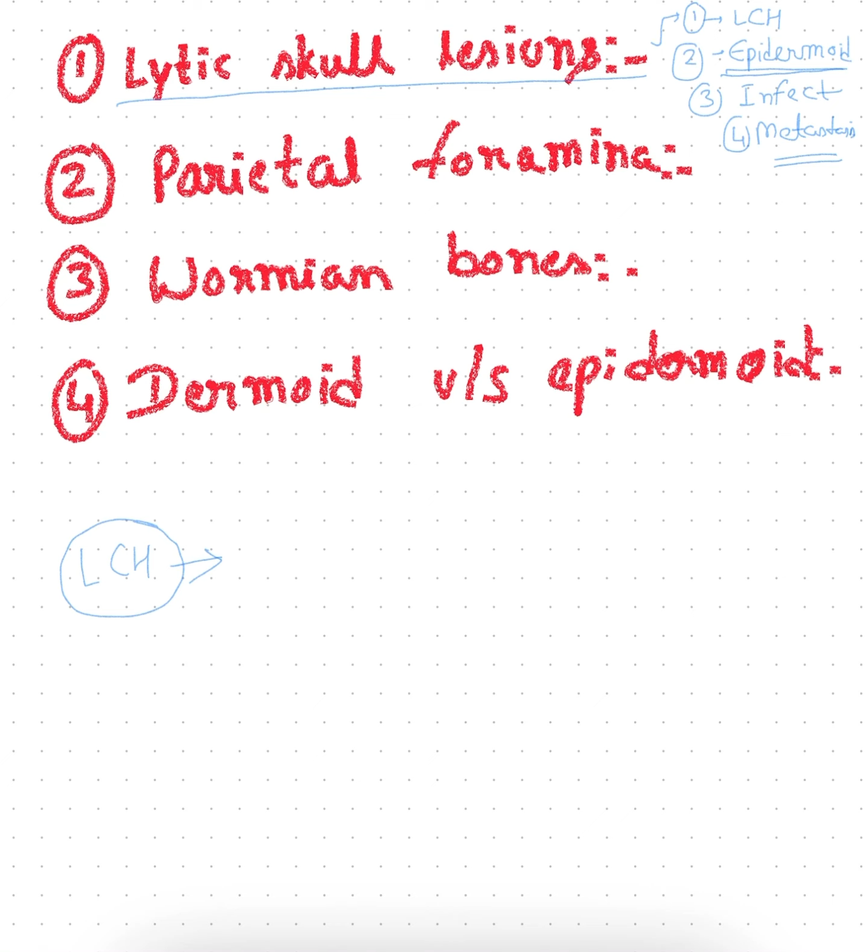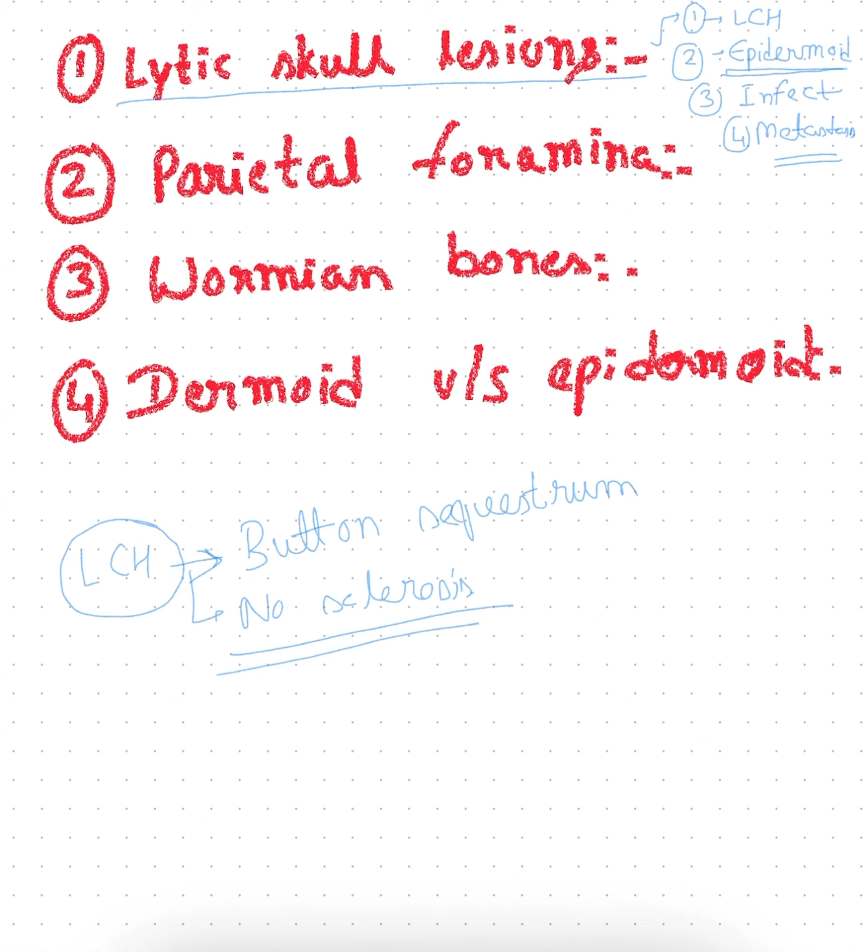The next point in Langerhans histiocytosis is the button sequestrum. That is, it produces a sequestrum of the intact bone. So the keywords are button sequestrum and no sclerosis surrounding the lesion.